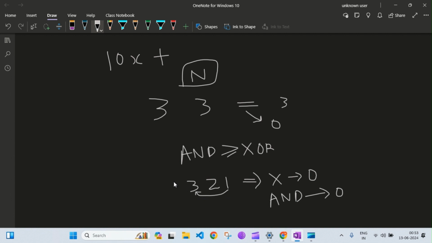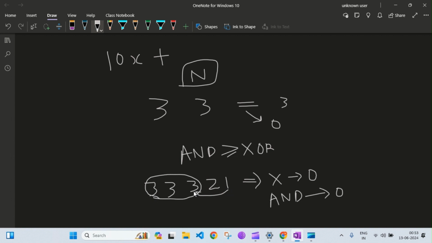So what if we have more number of 3s? Let's say this is for n equals 3, right? If you have n equals 5, just add 2 more 3s here. Then also the condition will be satisfied because this part AND is also 3 and XOR is also 3, right? So that's what my idea was.